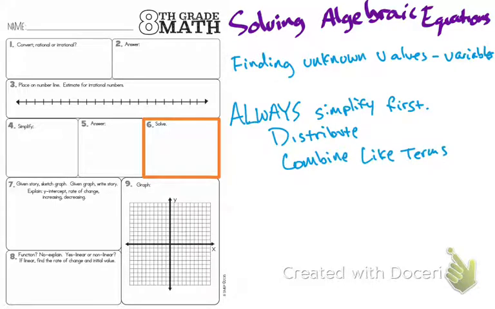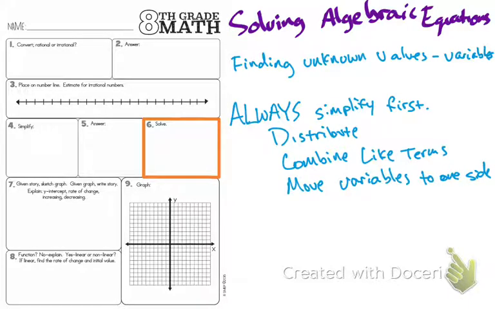After you've distributed, or if there is no distribution left to do, you're going to combine any like terms. That means any types of numbers, variables, or parts of the equation that are the same, you're going to put them all together. That includes putting our positives with our negatives and making sure that we have the correct value when we put those positives and negatives together.